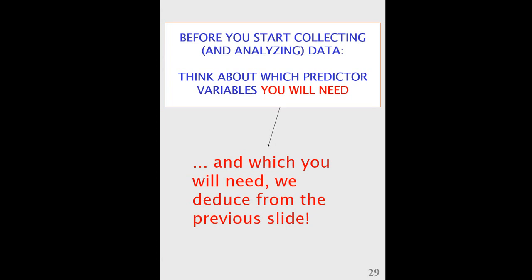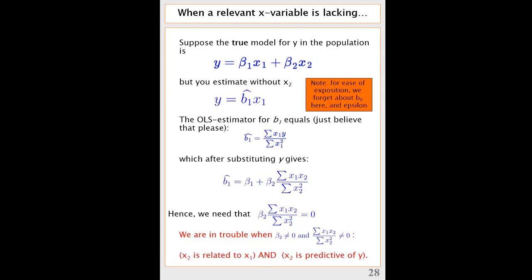Well, the answer is basically on the previous slide, because there we saw what we need here is all the variables that have two characteristics. They are correlated with the x1 that we are interested in, and they predict y as well. So if we have variables of that kind, we should include them.